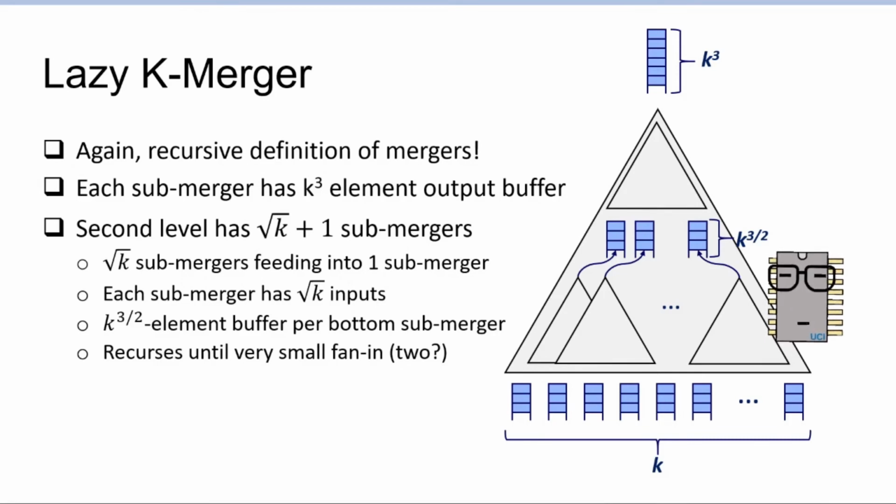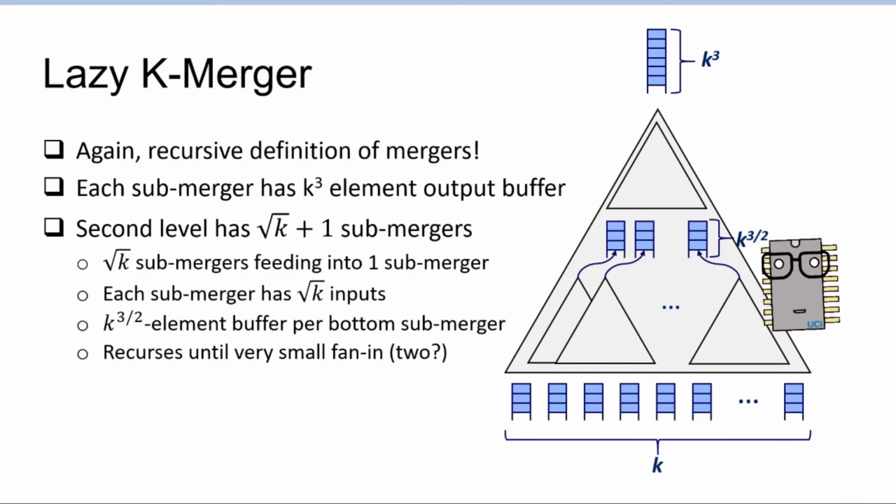And because each of these submergers has square root of K elements going in, each of these lower mergers needs a K to the power of 3/2 element buffer, because we need a K cubed element output buffer for an input number of K. Because the input number here is square root of K, the output needs to be K to the power of 3/2.